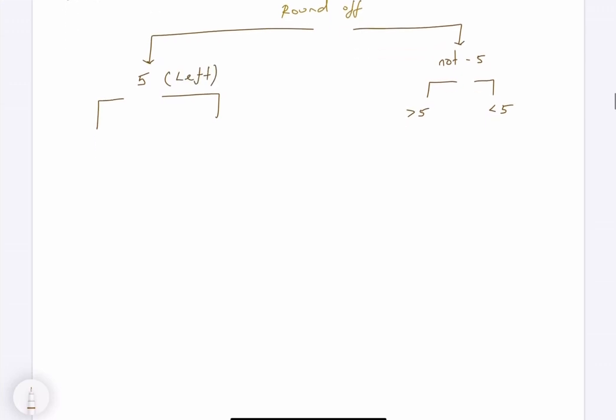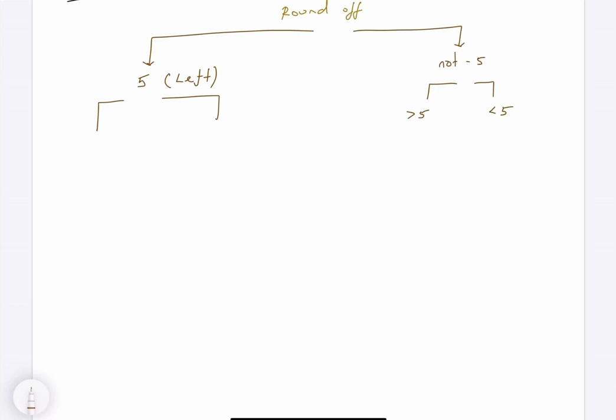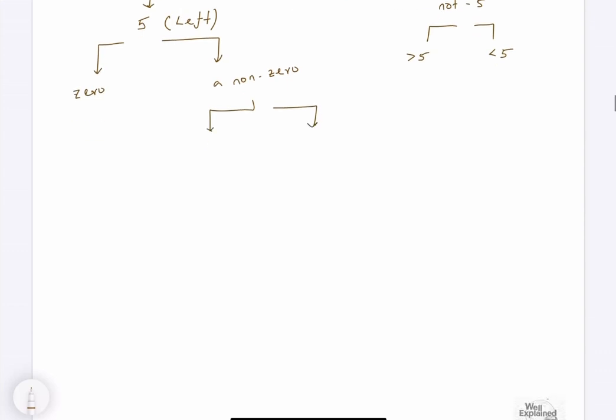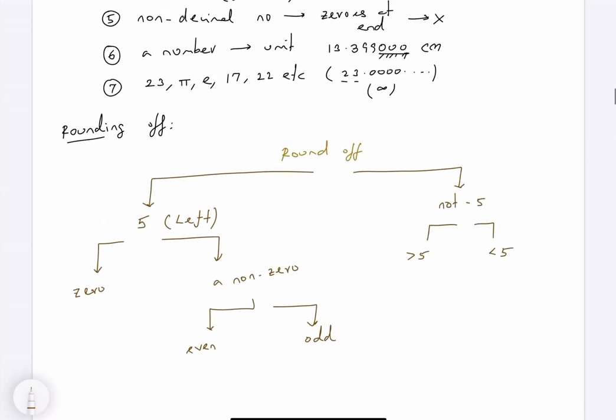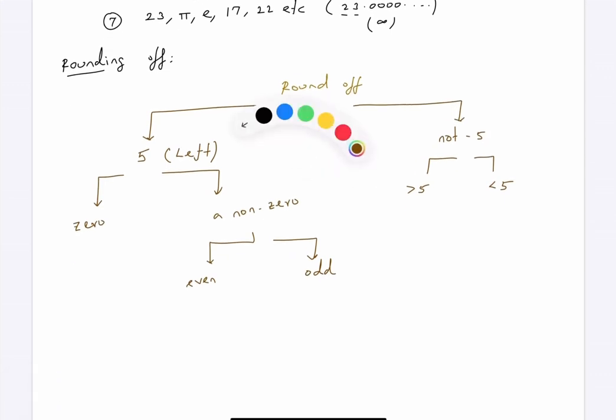And if you see a non-zero number, there are two cases over there. If you see a zero, just leave it. A non-zero, there are still two cases, which is nothing but if it's an even number or an odd number. This is the easiest way to do the rounding off part. Just remember this whole flow chart.